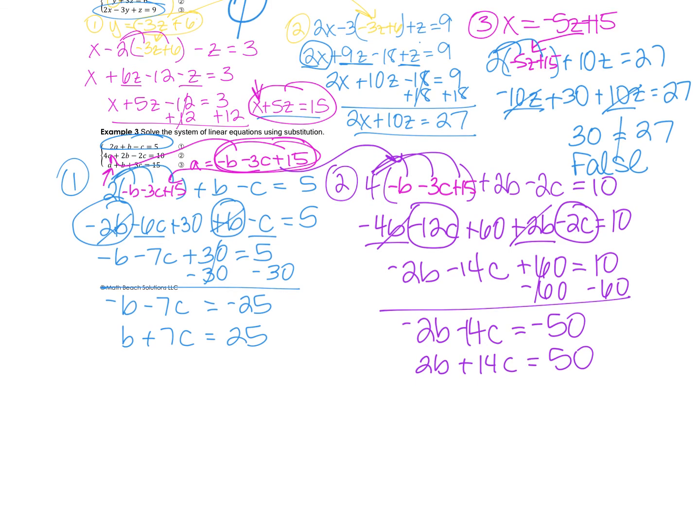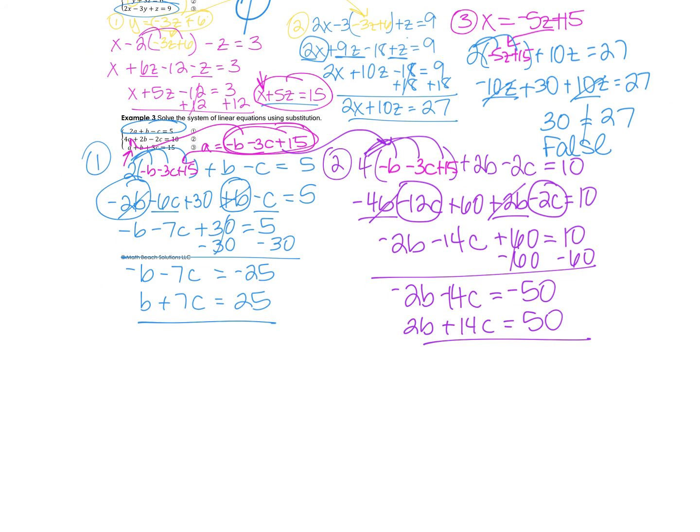Okay, so once we now have two equations that have two variables, we're going to use those and substitute in. I see that the only single variable is this one, so I'm going to rewrite it with B isolated and substitute that in.